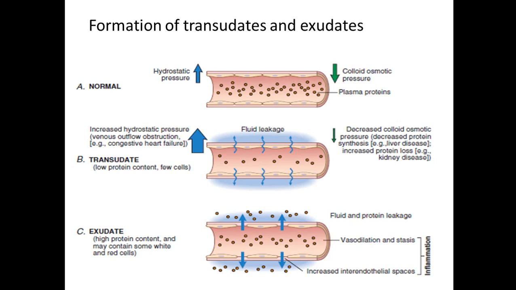So when the colloidal osmotic pressure or the oncotic pressure is decreased, automatically the increased hydrostatic pressure or the decreased plasma colloidal osmotic pressure will cause fluid to accumulate in the extravascular tissue.